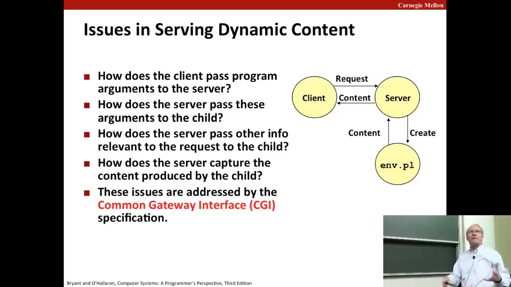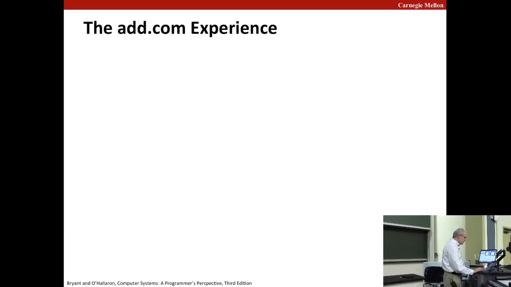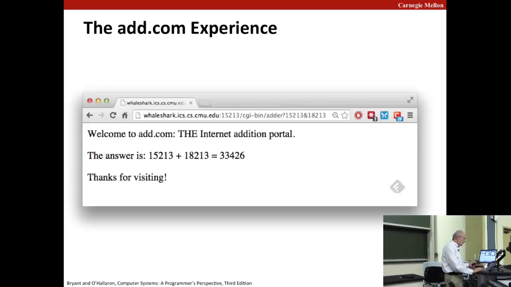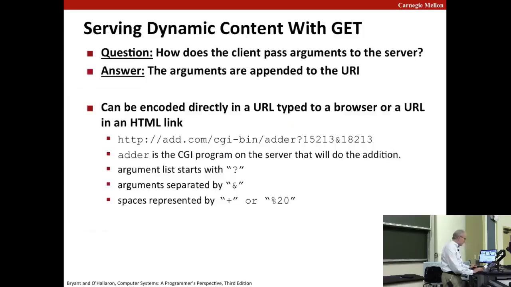Those are all the sort of details of the CGI specification. CGI stands for Common Gateway Interface. So you just saw a demo of add.com. And so let's just look at how this works.